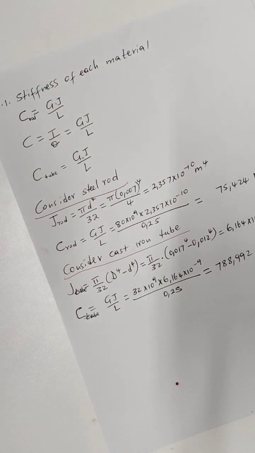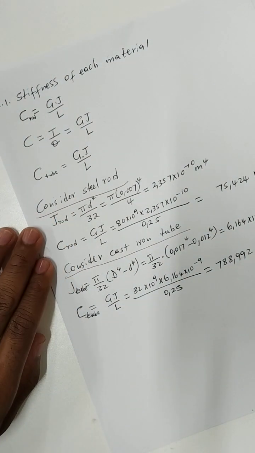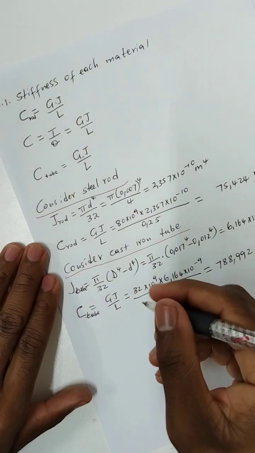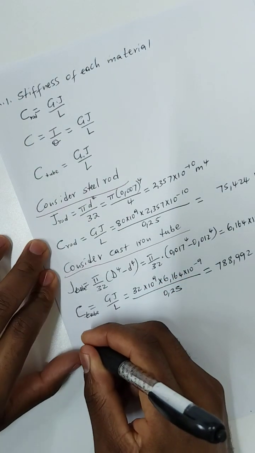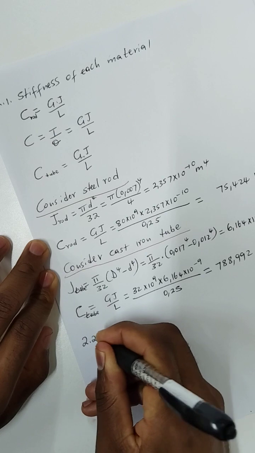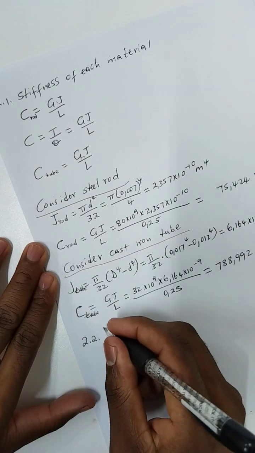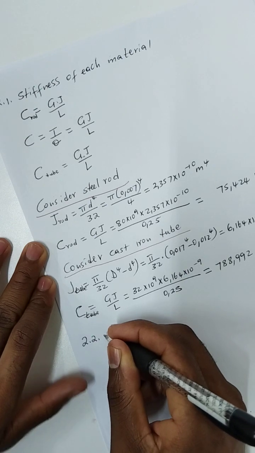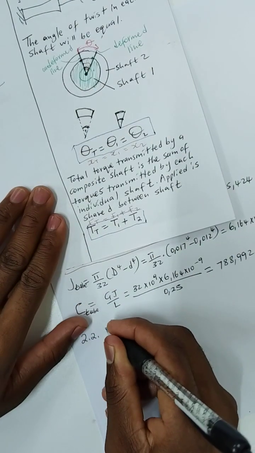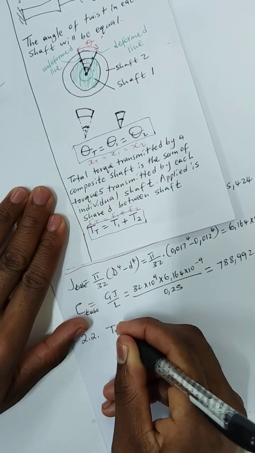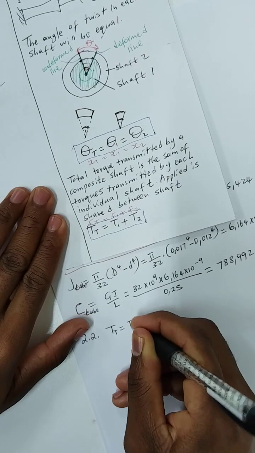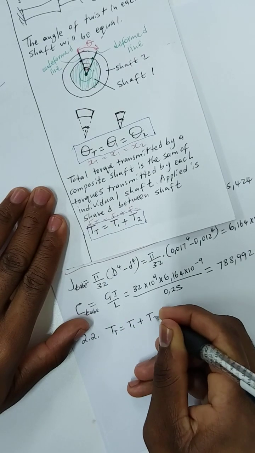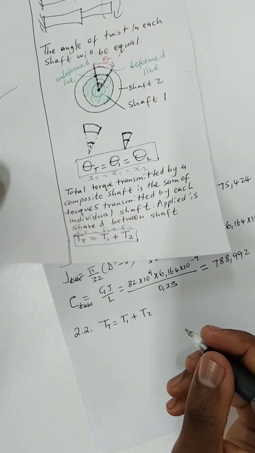Therefore, to get the total stiffness, we're going to add them. Let's say 2.2. This comes from the fact that in parallel, remember, T total equals T1 plus T2.